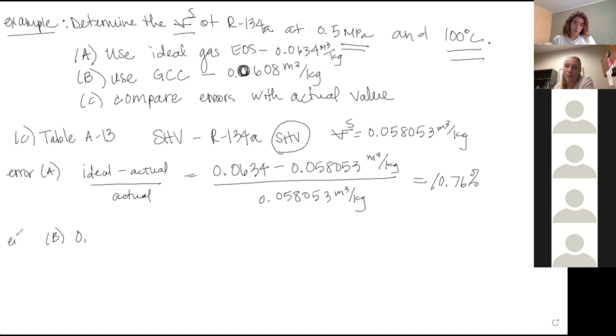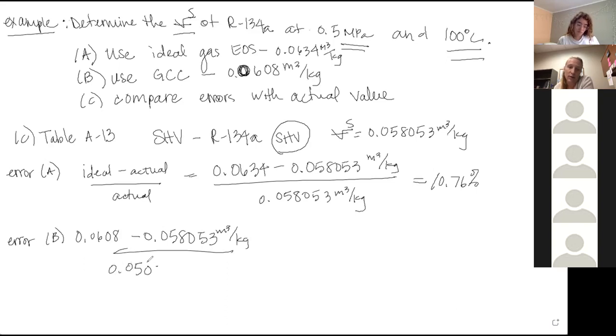So the error for B is going to use 0.0608 minus our actual 0.058053 cubic meter per kilogram over 0.058053 cubic meter per kilogram, times 100. You should all know how to do percentages. I'm being kind of lazy about that. It is 4.7% error.